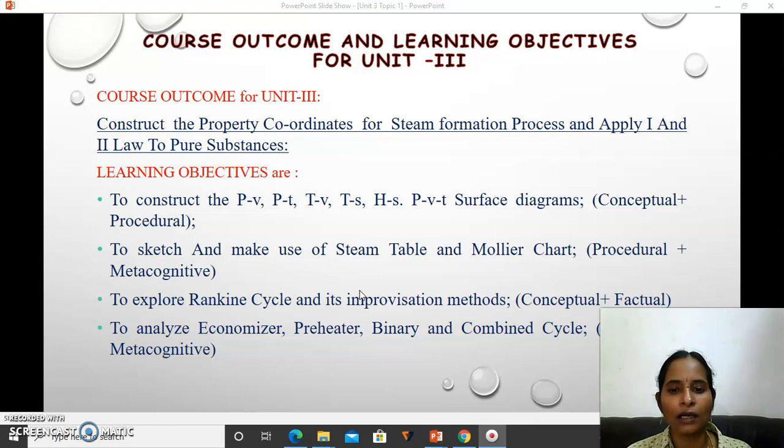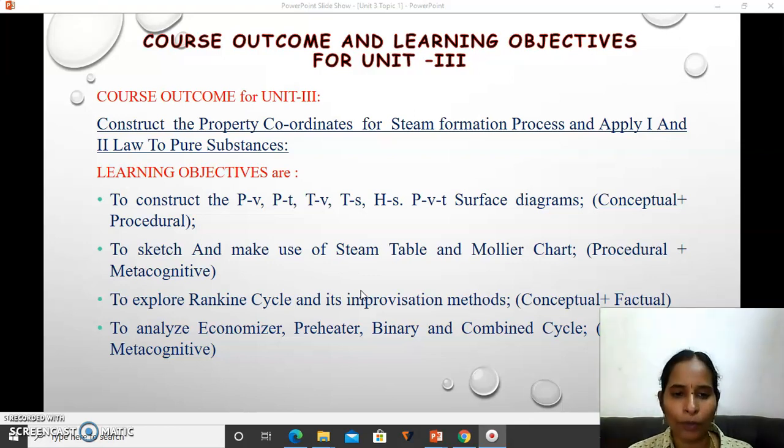So that you can get a sequence of understanding, step by step, why you are studying the topic and what is the purpose of involving that particular topic in this unit. Everything has to be correlated with each other, and the various factors dealing with this particular topic should be known to you.